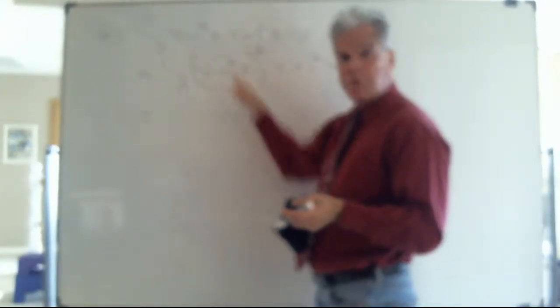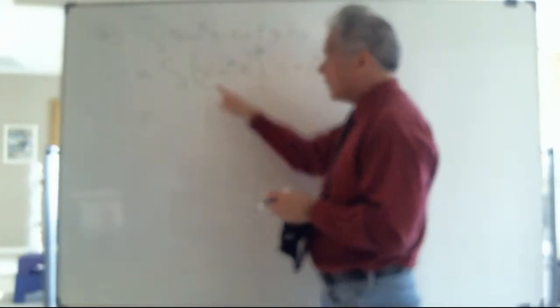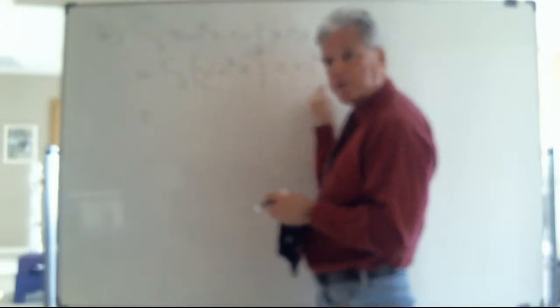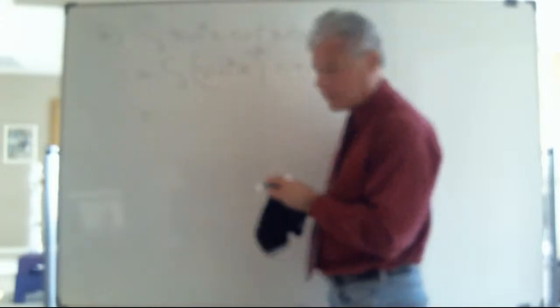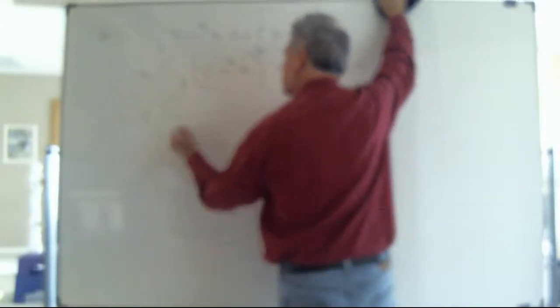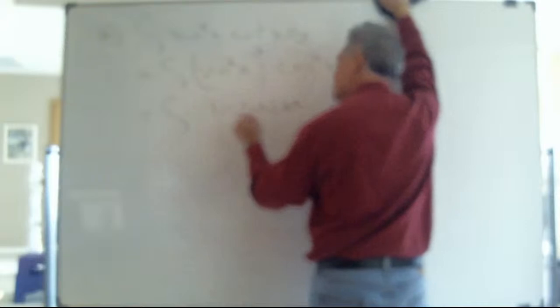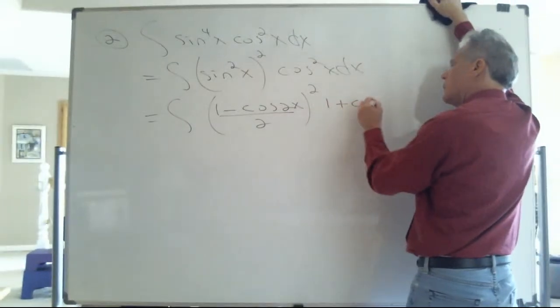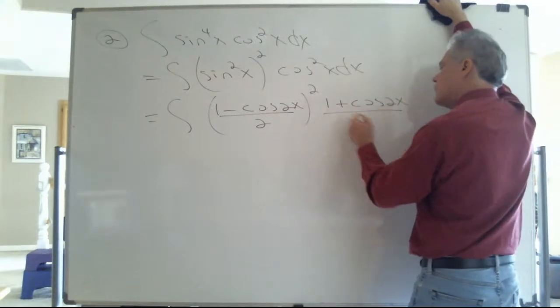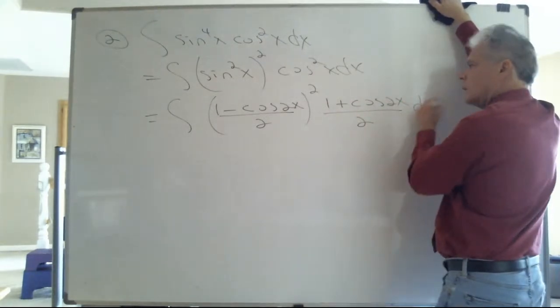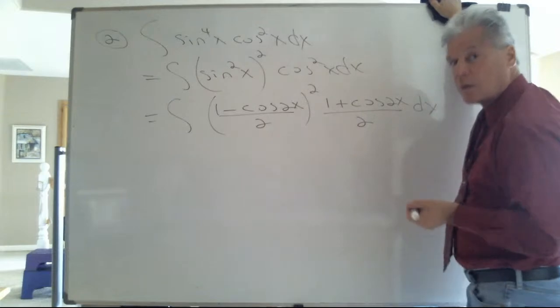I merely rewrote the first factor. Now take a peek at sine squared of x and cosine squared of x. I will reduce the order with those two factors. Next, allow me to clean up.